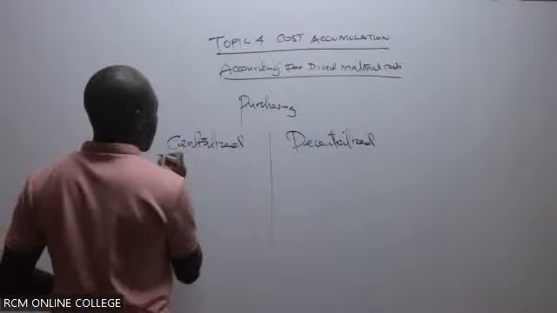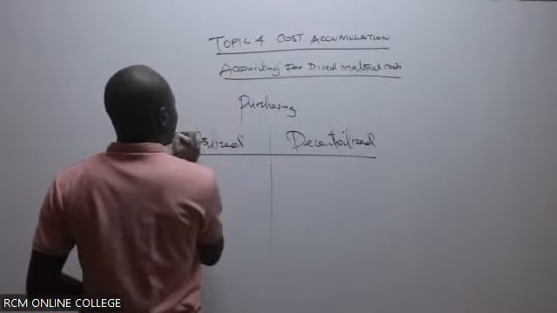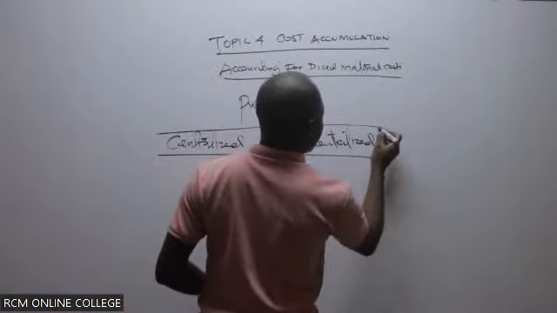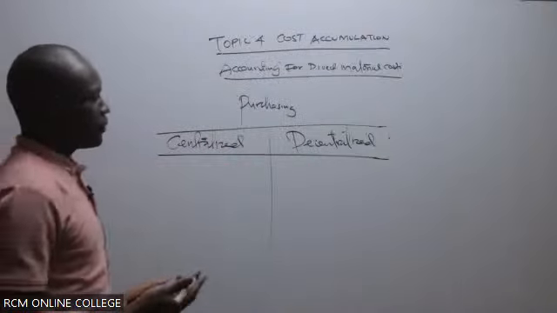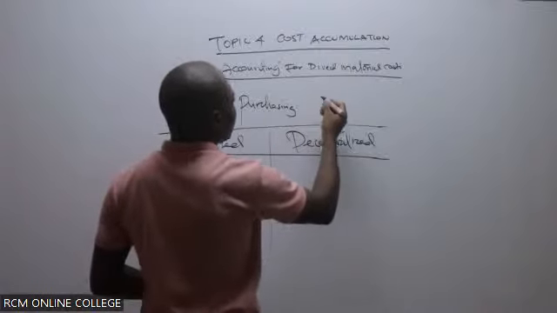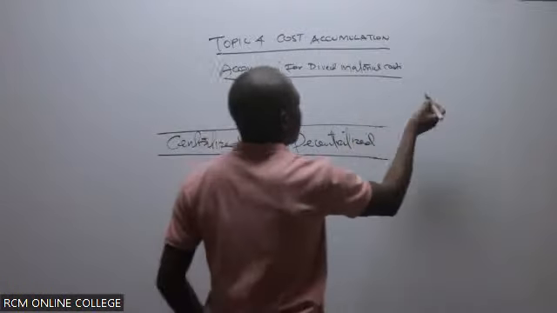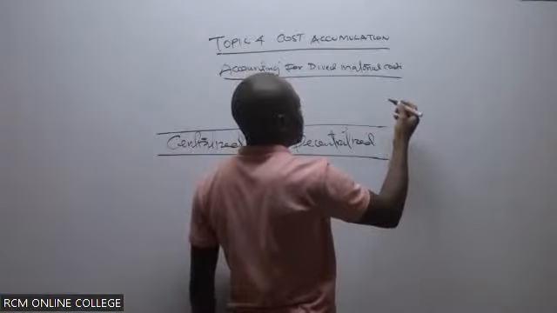Decentralized. So what you need to understand is basically the advantages and disadvantages. We have a company, let's say, of course you've done FR, so you understand these terms here.